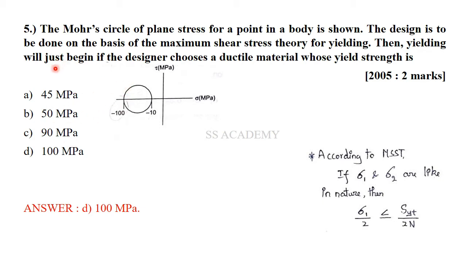So they have asked that just the beginning of yielding should be there. In such a case, we have to choose a 100 megapascal yield strength material. In such a case, there will be just the beginning of yielding. So the answer comes out to be 100 megapascal.